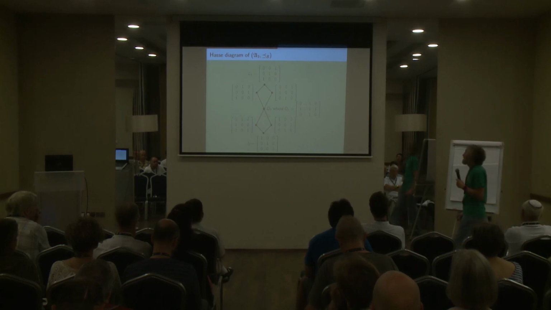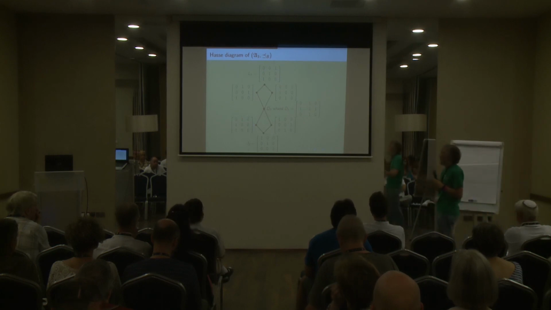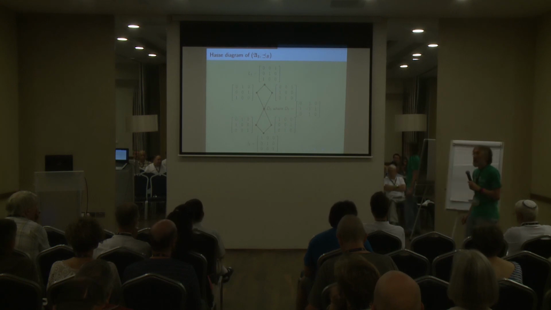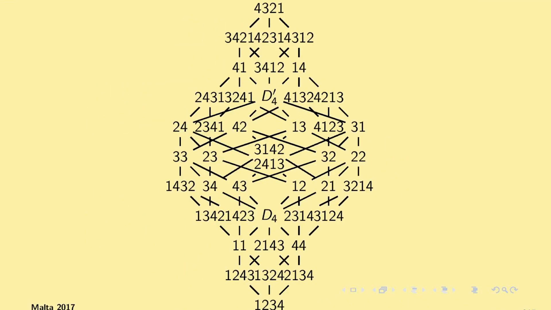That's the new one. And I won't say any more about that. If you want to know what this looks like for 4, there it is. And I won't describe the notation, but there are 42 ASMs of order 4, and that's the Hasse diagram of the Bruhat order on these alternating sign matrices there. I won't describe that.